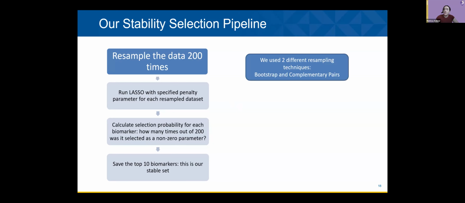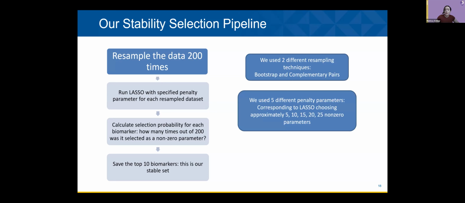We use two different resampling techniques. We use the bootstrap, which is sampling with replacement from our data. We also use complementary pairs, where the data set is randomly split in half, and each half is used as one resampled data set. We also used 5 different penalty parameters, corresponding to lasso choosing a different number of non-zero parameters each time.